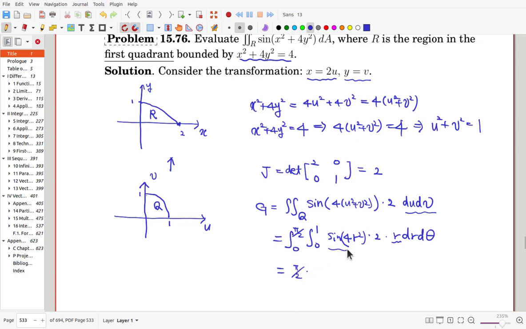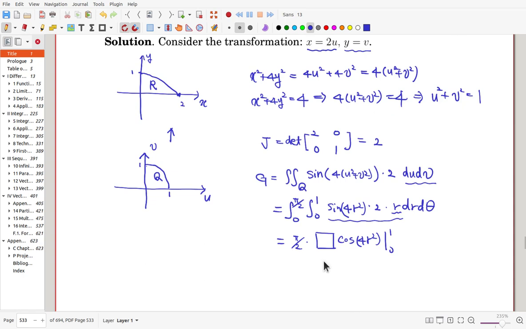And the antiderivative of this one, the major part must be cosine of 4r squared. We have to put a coefficient here, and then we have to evaluate from 0 to 1. Okay, first let's try to decide this coefficient. In order to do that, we differentiate this portion.